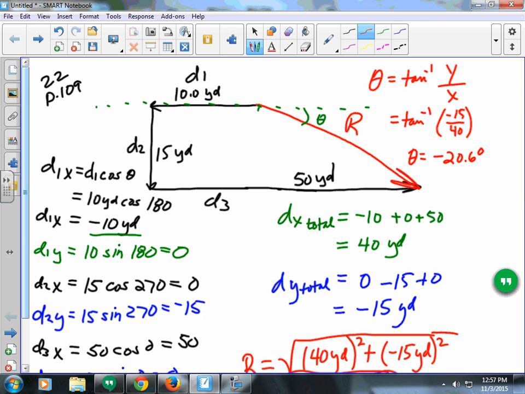Well, I was glad that they did not ask for direction, because how would you say this on a football field? Would it be 20.6 degrees to the right of the scrimmage line, or down to the right of downfield? And it never specified the direction.